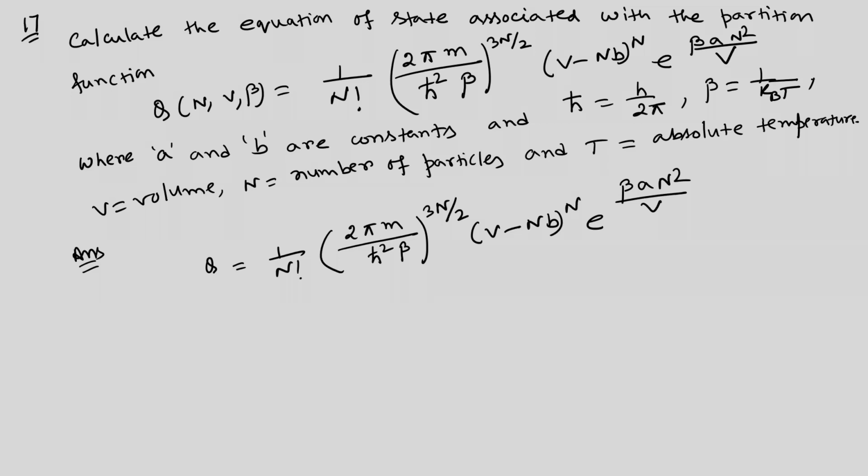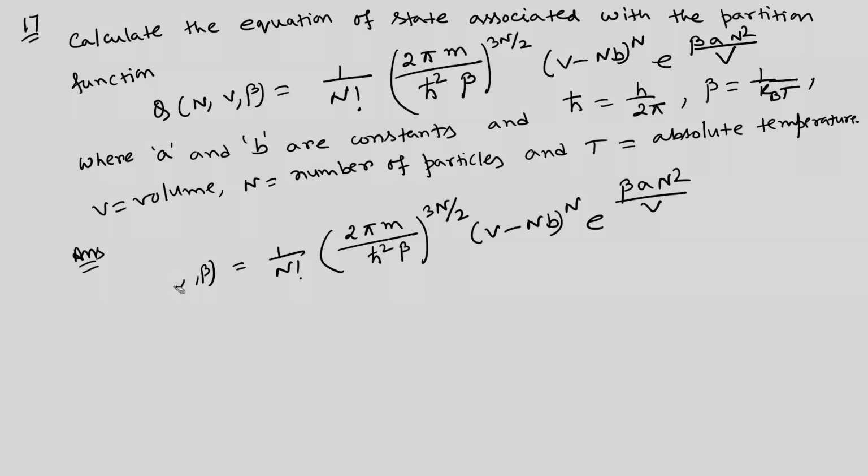In order to get the pressure, we first need to get the logarithm of the canonical partition function Q, then differentiate with respect to V, and if we multiply the result by kBT, we get the average pressure.